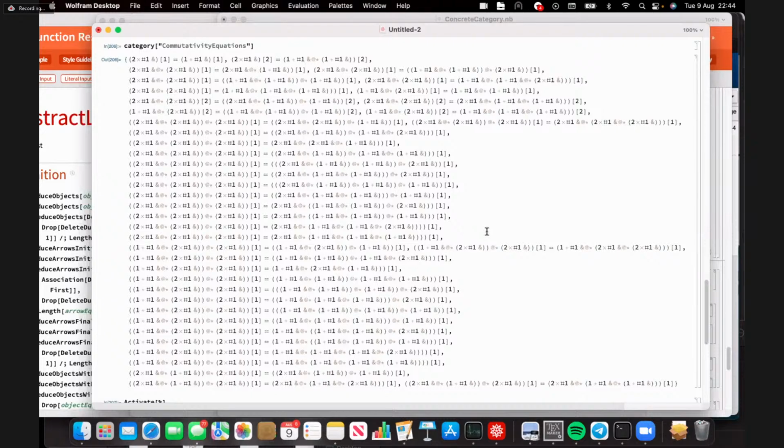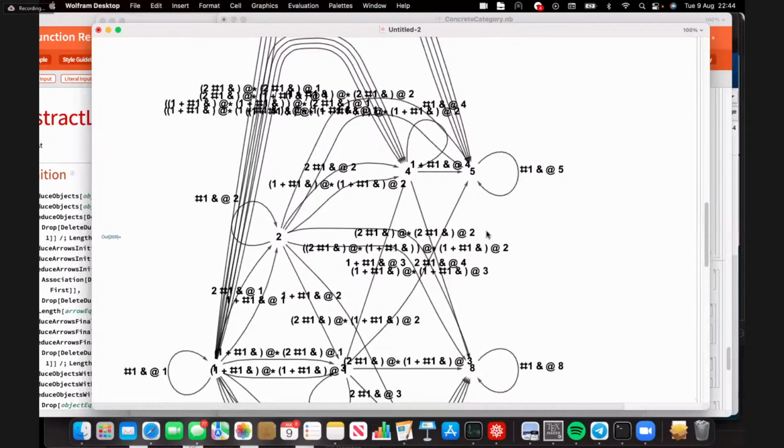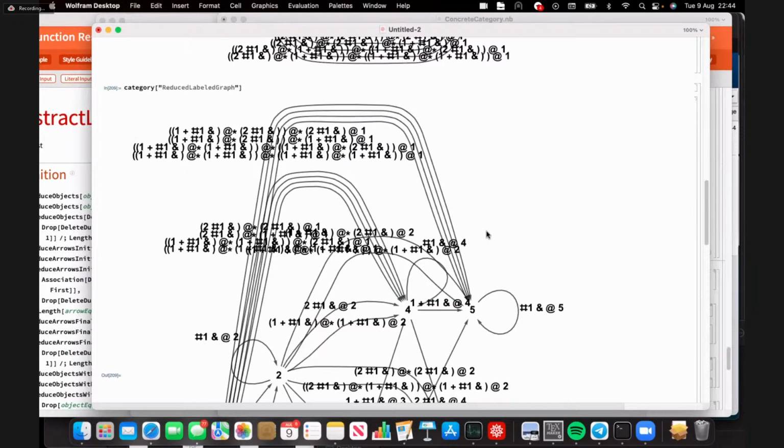So wait a minute. We've got morphisms here, which are just random functions. I mean, in this case, 2 hash 1 plus hash. Well, they're not the morphisms; they're the generators of the morphisms, right? I see. In this category, the morphisms are pure functions that can be constructed by arbitrary compositions of those generators.